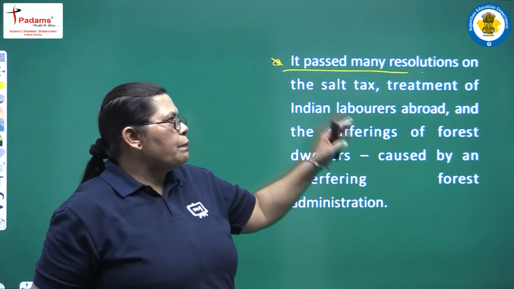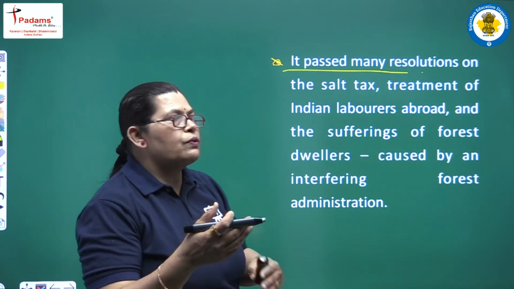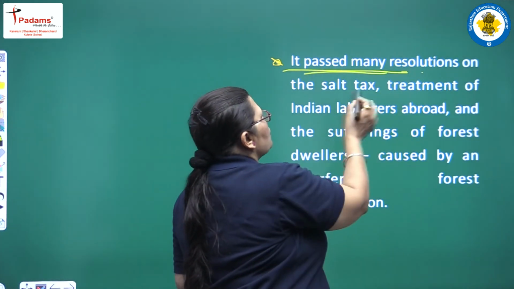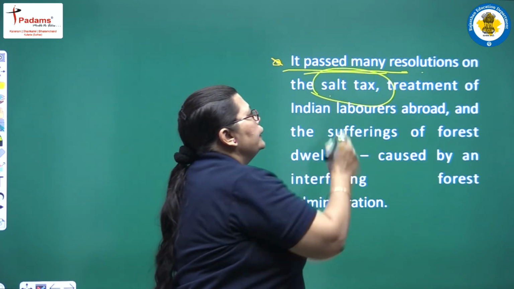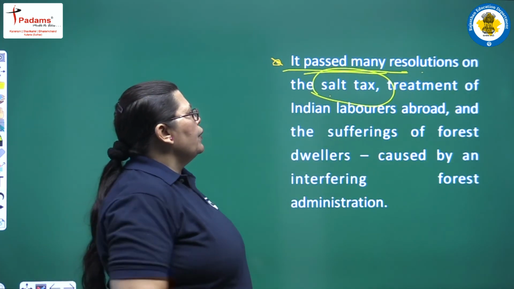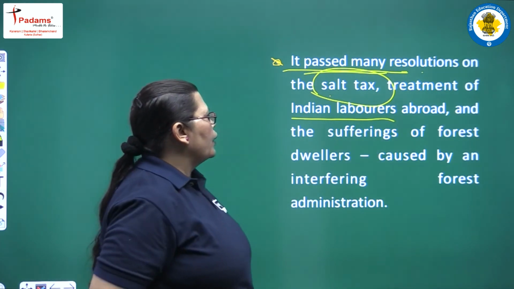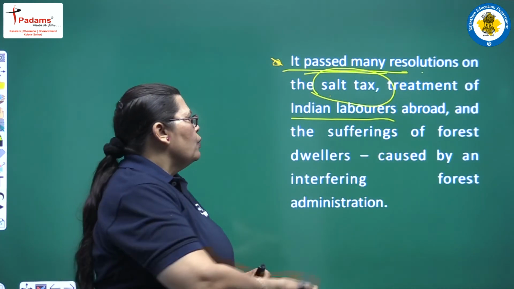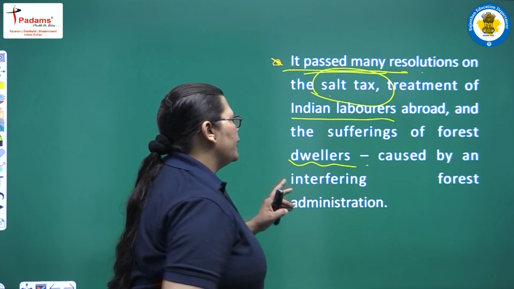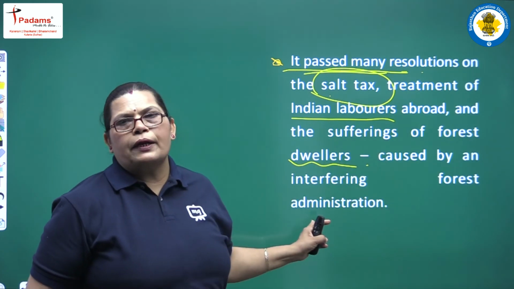It passed many resolutions for that purpose. What happened? It passed many resolutions on the salt tax, treatment of Indian laborers abroad, and the sufferings of forest dwellers caused by an interfering forest administration.